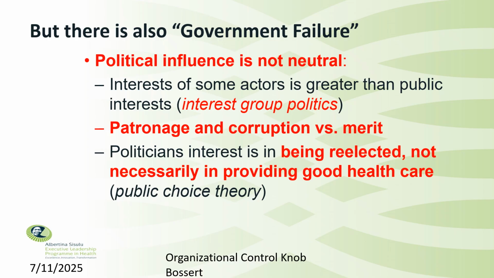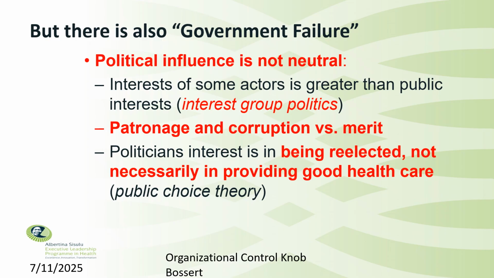But, and again, we know this, especially from the context of South Africa, we know that there is also government failure. And why are governments failing? Again, reflect back in terms of understanding what's happening in South Africa. Political influence is not neutral.